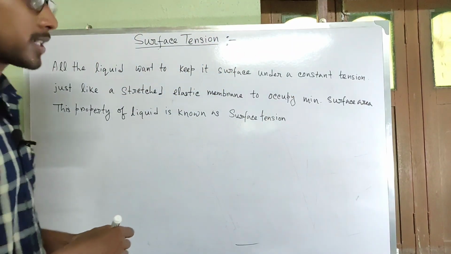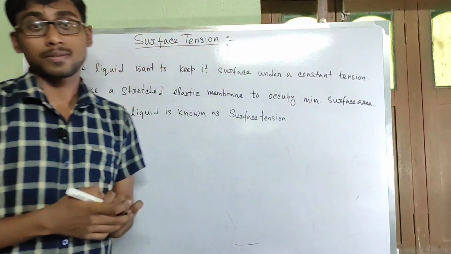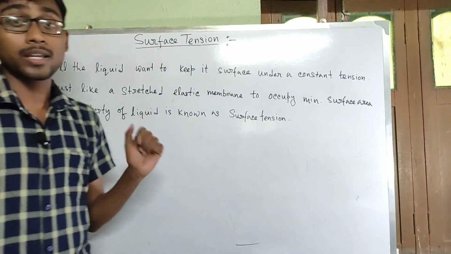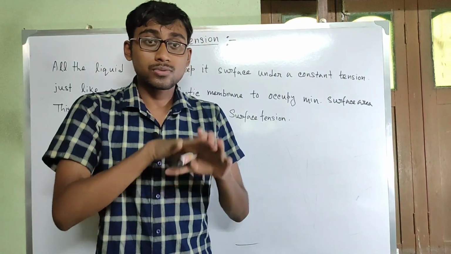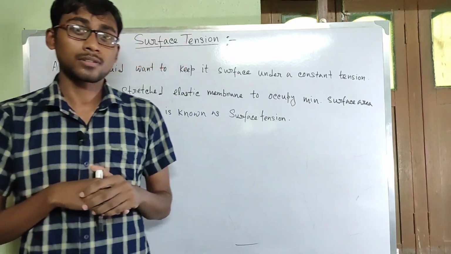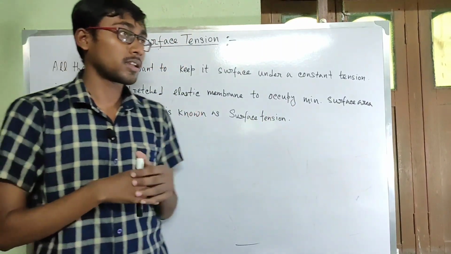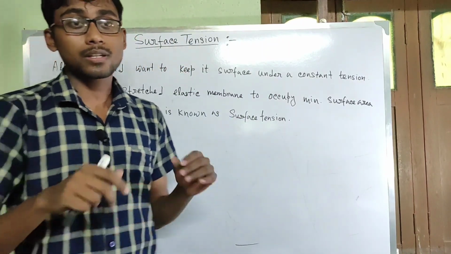But the question is, why does the liquid surface want to keep its surface under a constant tension? Why does the surface of the liquid behave like a stretched elastic membrane?